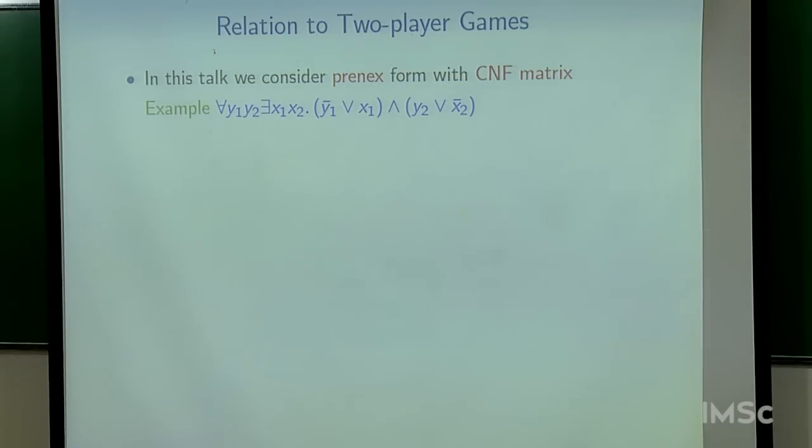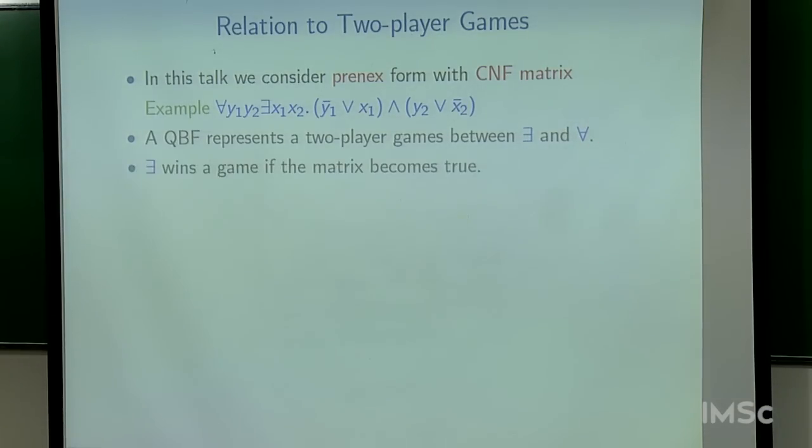This two-player game is played on the quantifier prefix. We start from the left of the prefix, and each of the variables corresponds to a turn. We have two players, the existential player and the universal player. Whoever's quantifier appears on that turn gets to decide whether that variable is set to 0 or to 1.